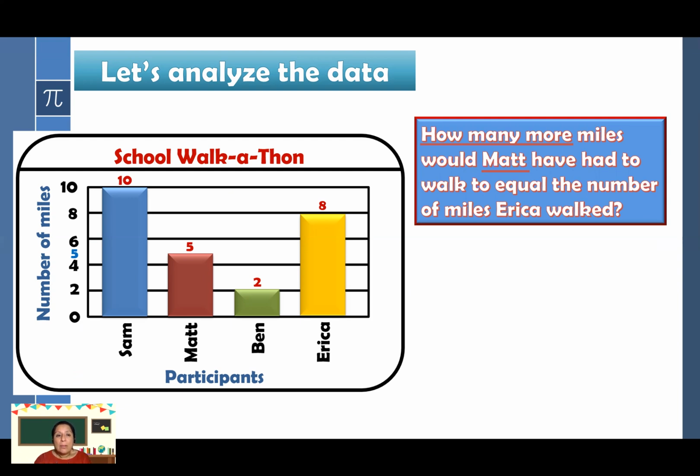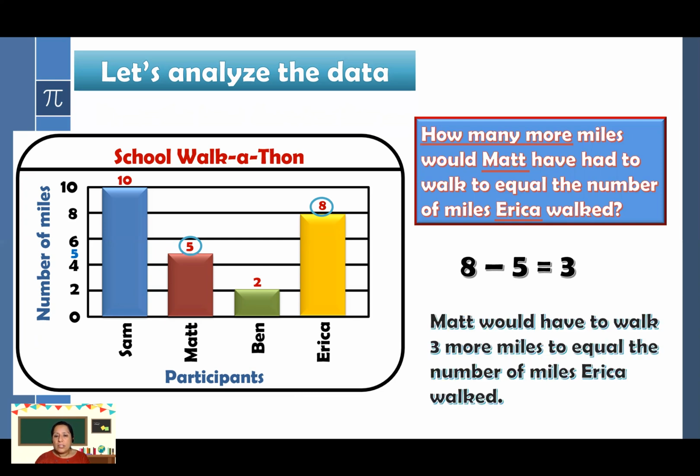So Matt walked for 5 miles and Erica walked for 8 miles. So I have to subtract those 2 numbers to find how many more miles Matt has to walk. So I do the subtraction, 8 minus 5 equals 3, and then I can have my answer statement, which says Matt would have to walk 3 more miles to equal the number of miles Erica walked.